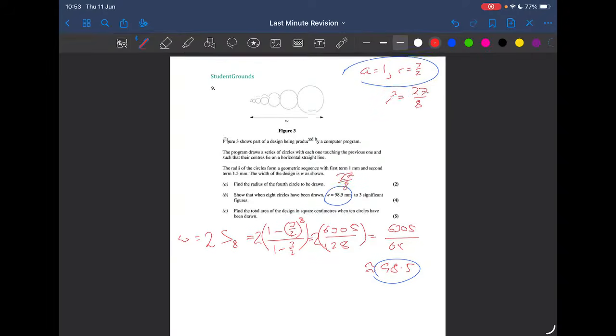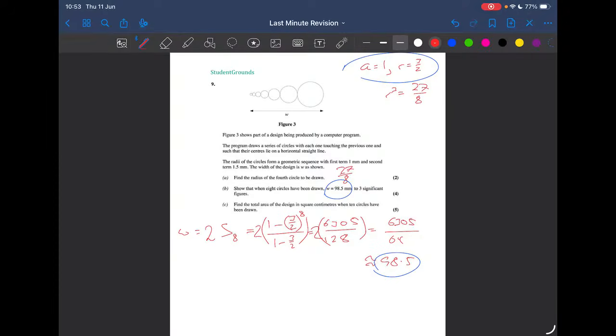Lovely. Find the total area of the design when 10 circles have been drawn. So here, I think we need to think a little bit more sneaky. The first one is going to be like pi r squared. The first one's going to have a for the radius, so we're going to have pi times a squared.